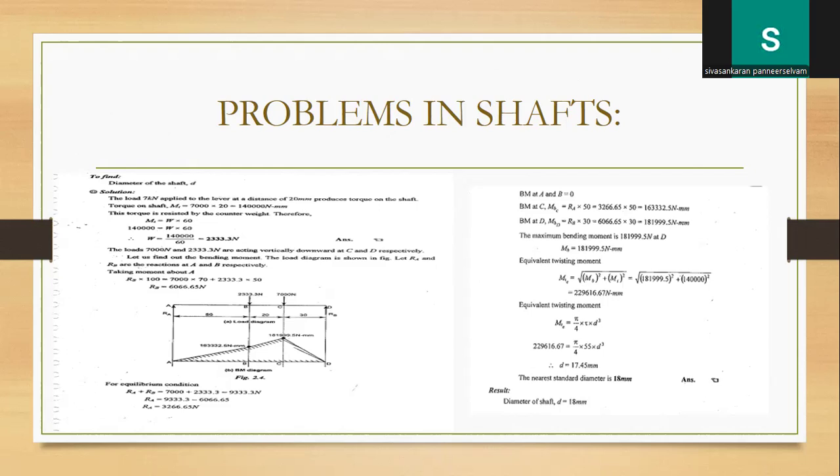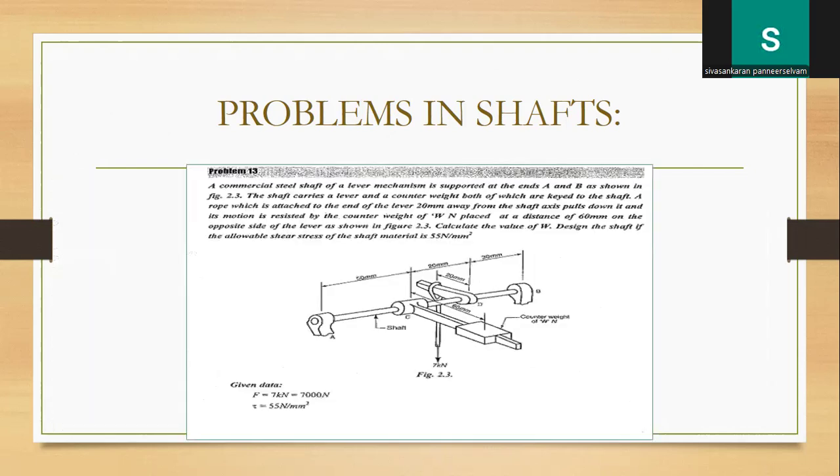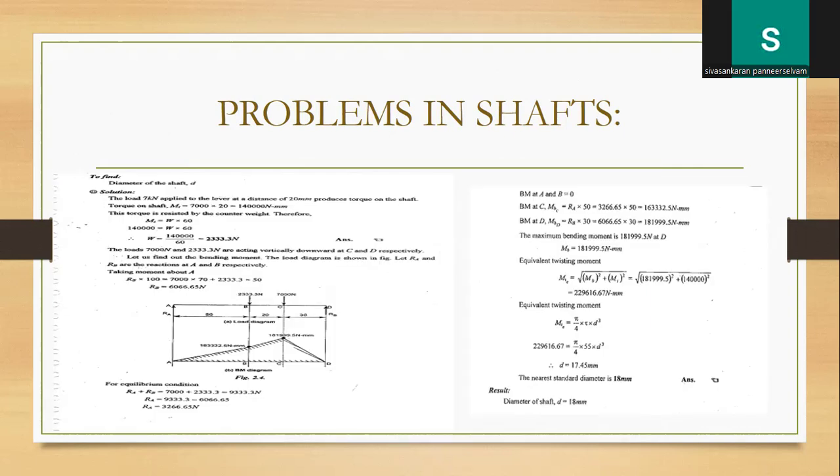Before that, assume this shaft as a simply supported beam. Draw the free body diagram, followed by that calculate the support reaction forces at A and B, and finally draw the bending moment load diagram.